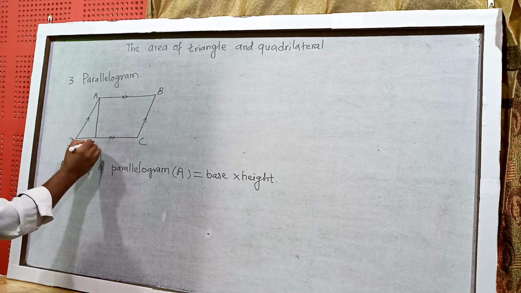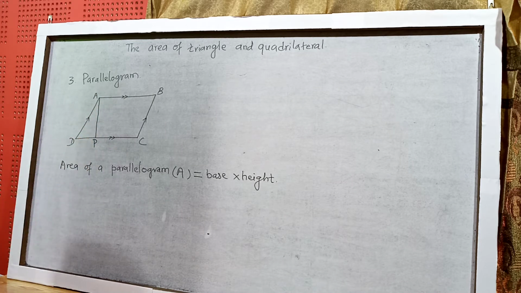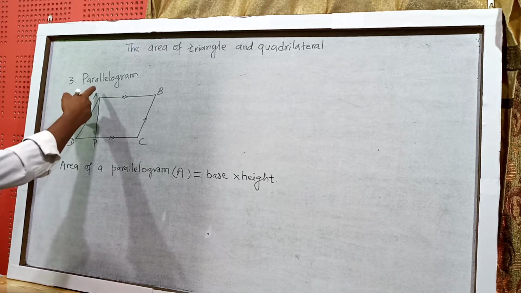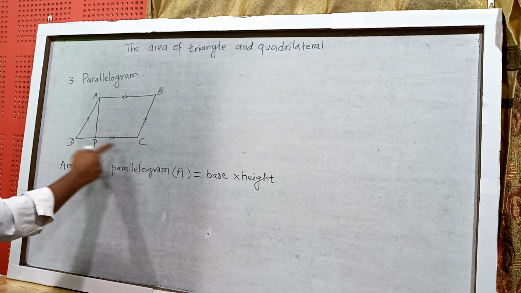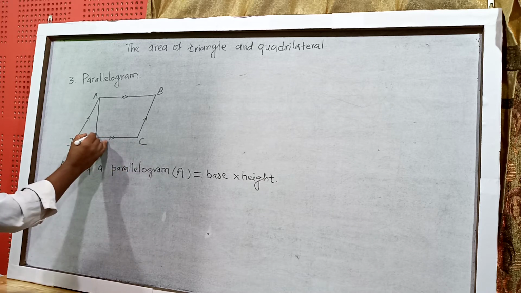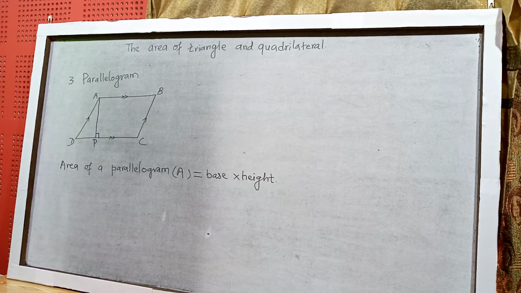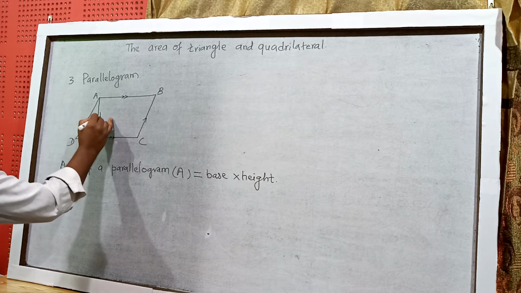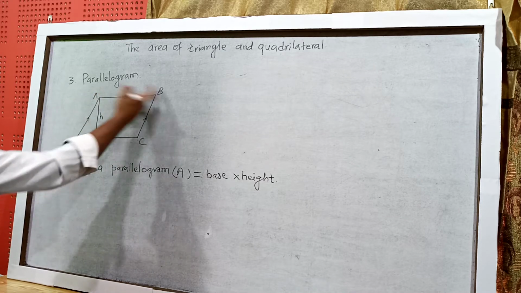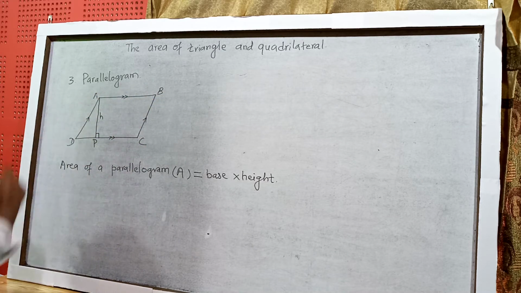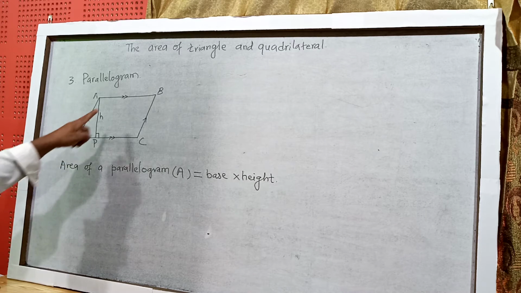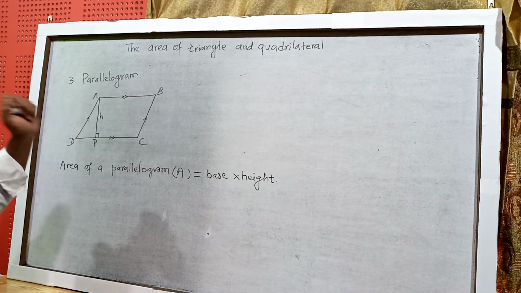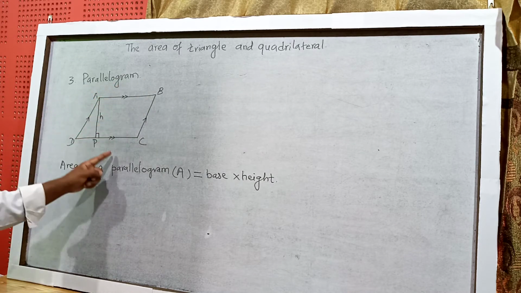Suppose this AP perpendicular is drawn from A to the side DC. This is the perpendicular. This is the height of this parallelogram ABCD. AP is the height and CD is the base. And we can also suppose AB is the base because opposite sides of a parallelogram are equal.